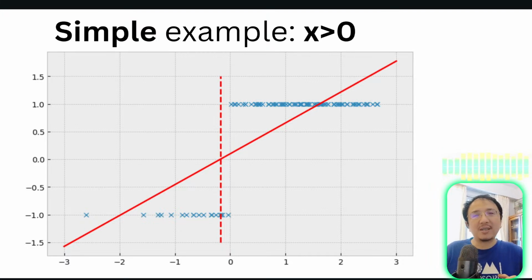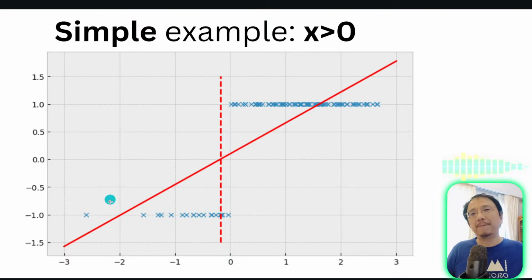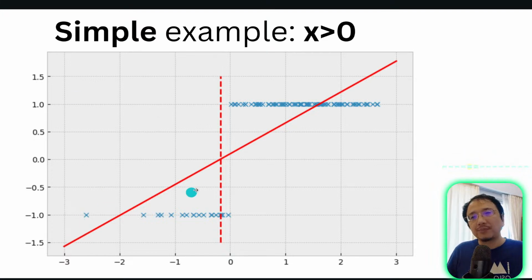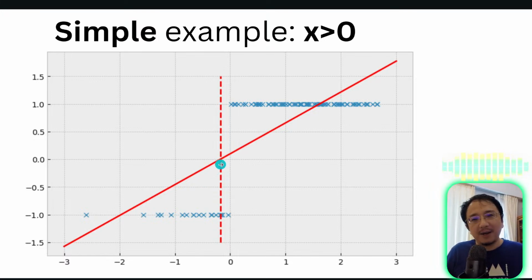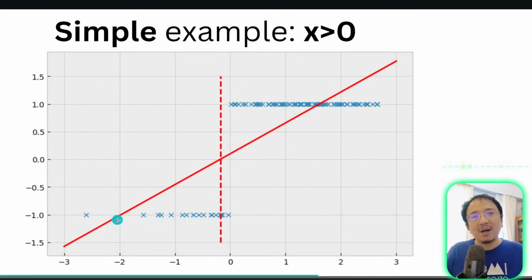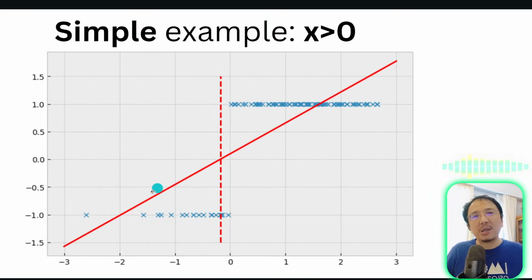The case where it doesn't work, in this example, is when we have imbalanced data. In this case, we have more positive data than negative data. You will see that this straight line wants to fit this data, and we only have target values of 1 or -1.